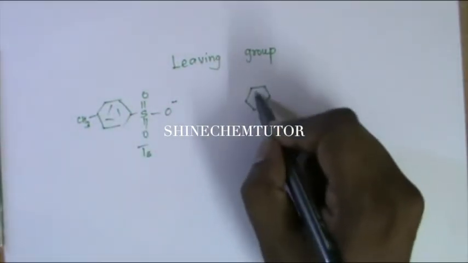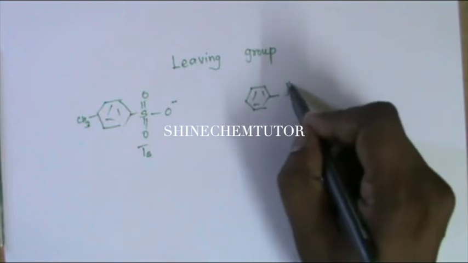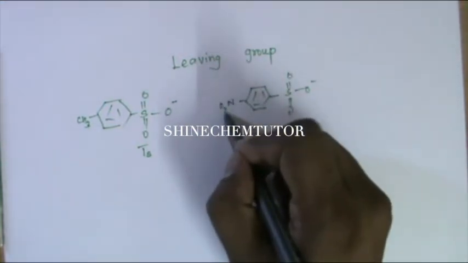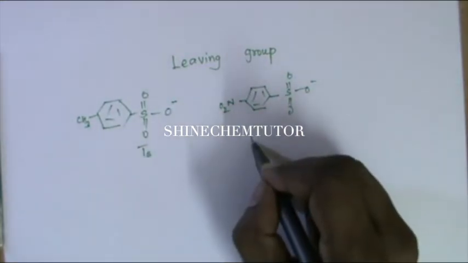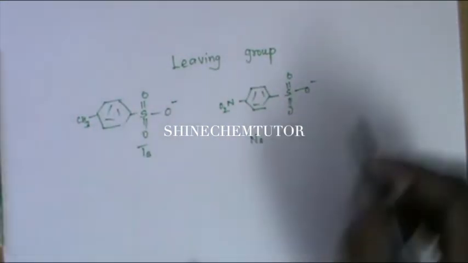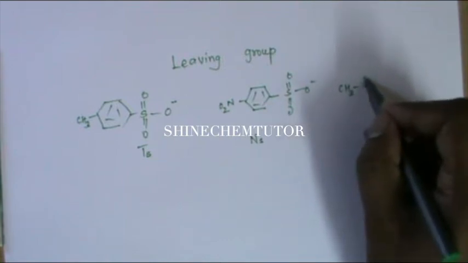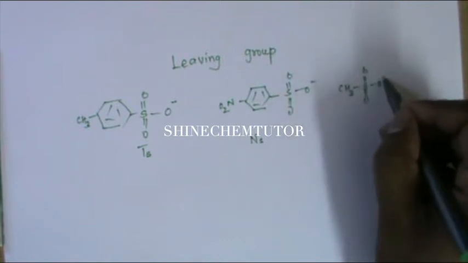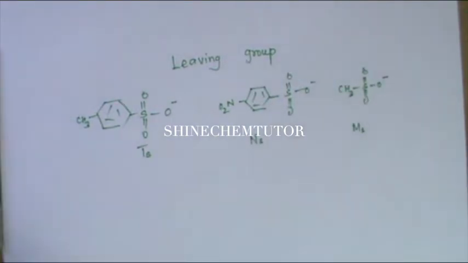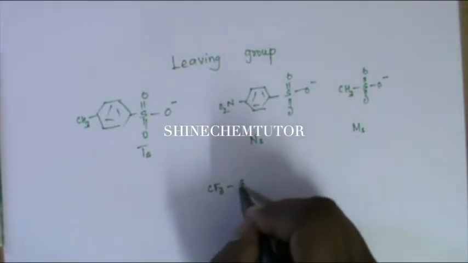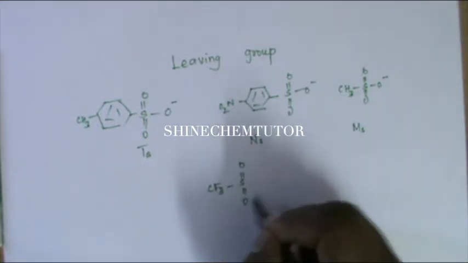We have also mesylate and nosylate, something like this. This is known as nosylate. Or mesylate we have, in that we have this one, this is mesylate. And also we have triflate. This is most common in organic synthesis.